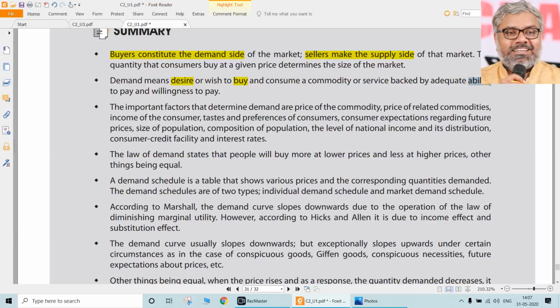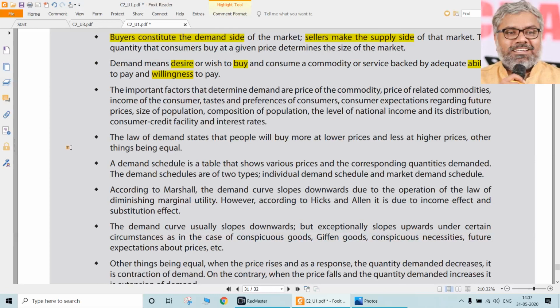There should be purchasing power for the people to buy the commodities they want to buy. So there should be desire, there should be ability, and even if both are there, it is not enough, there should be willingness to pay. So the desire coupled with the ability and willingness to pay constitutes demand.